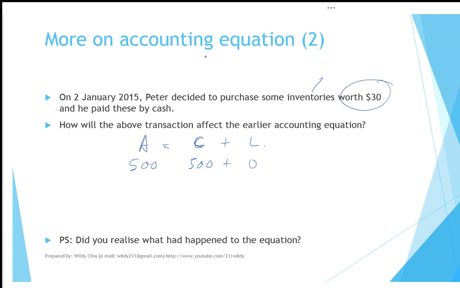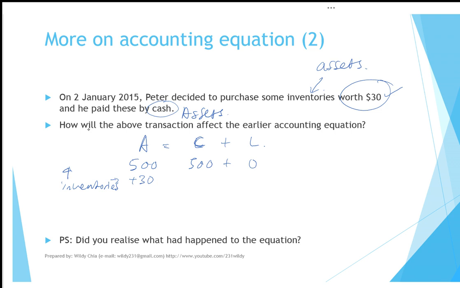Inventories are assets. So when you purchase more inventories, asset value increases because there are more assets. Let me write this clearly: more assets due to the purchase of the inventory. At the same time, he paid by cash. Cash happens to be assets.